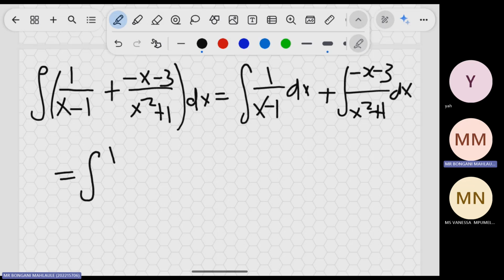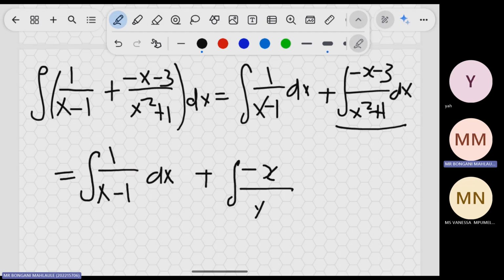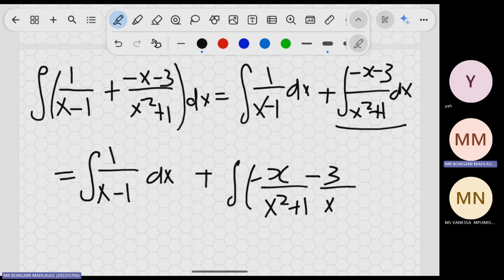Okay, here we'll have this part. So I will have the integral of negative x over x squared plus 1. Let me first separate this so it can make things easy: negative x over x squared plus 1 minus 3 over x squared plus 1 dx.